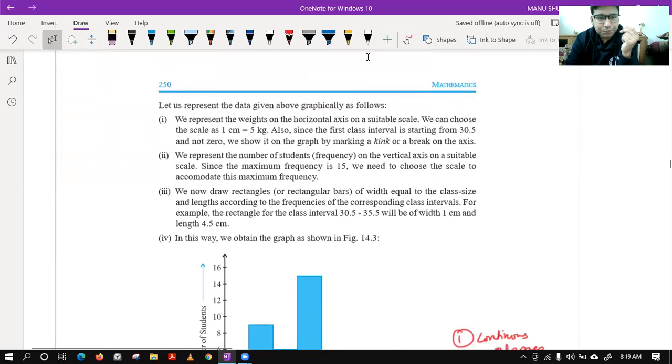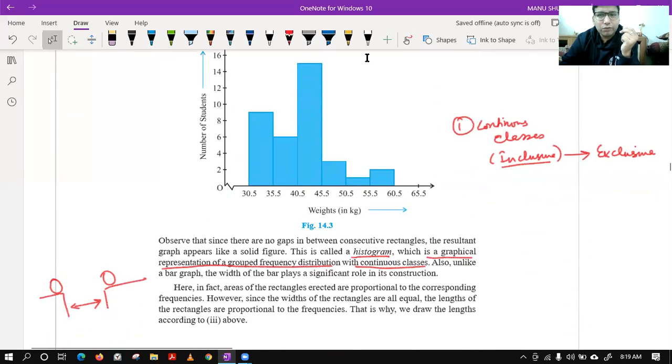Let's see. So till now we have got the first point under histogram, that the first thing required is continuous class intervals. To make a histogram, we need a continuous class interval.